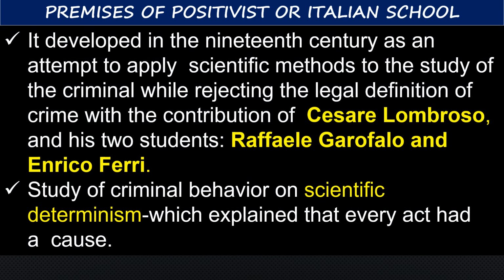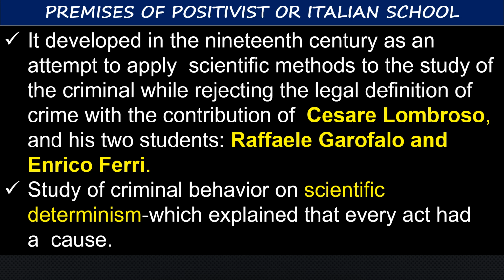Further, the Italian school developed in the 19th century as an attempt to apply scientific methods to the study of the criminal while rejecting the legal definition of crime, with the contribution of Cesare Lombroso and his two students, Raffaele Garofalo and Enrico Ferri. So there should be a science.